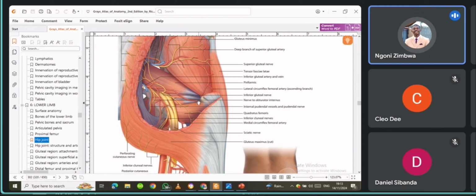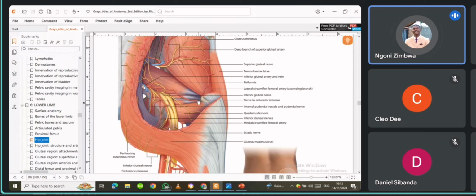So let me give you the percentage. Listen here. Posterior dislocation occurs in 90% of cases, so it is 90% more common than the anterior dislocation. And of those, 10 to 20% injure the sciatic nerve.